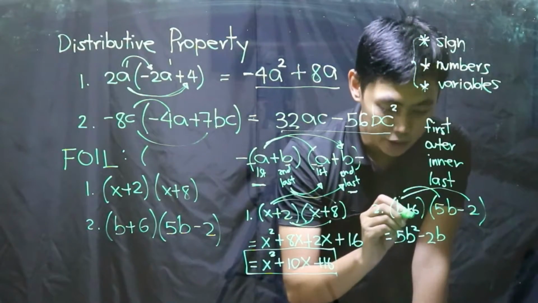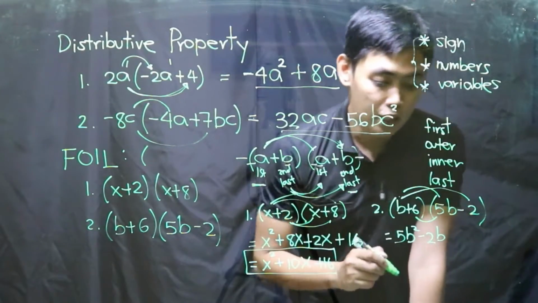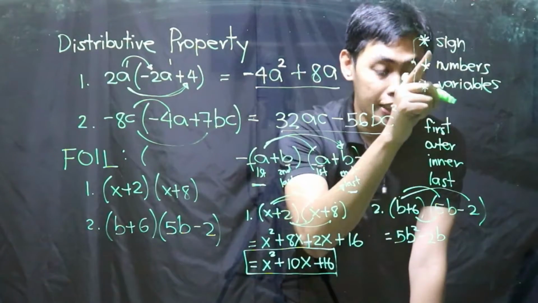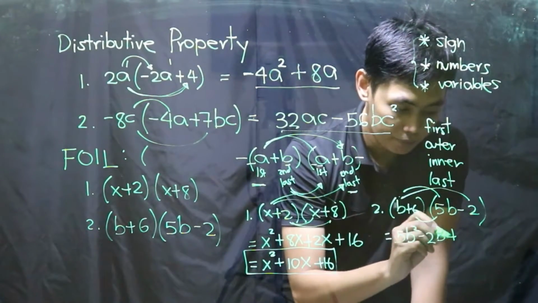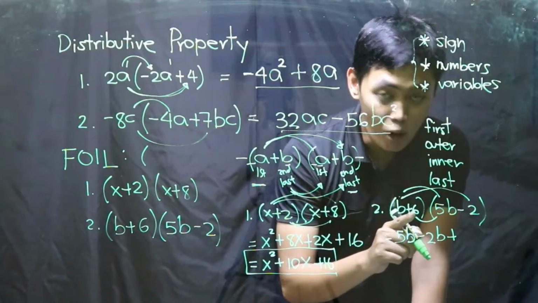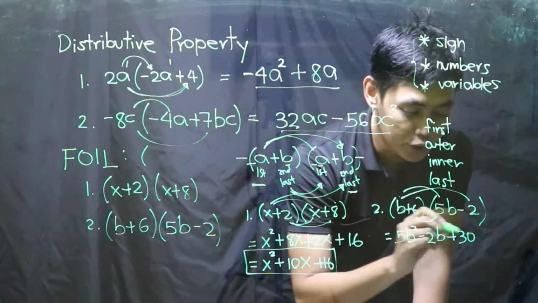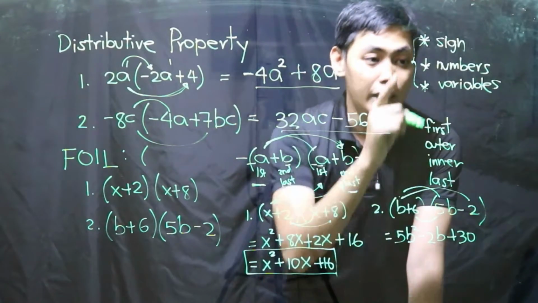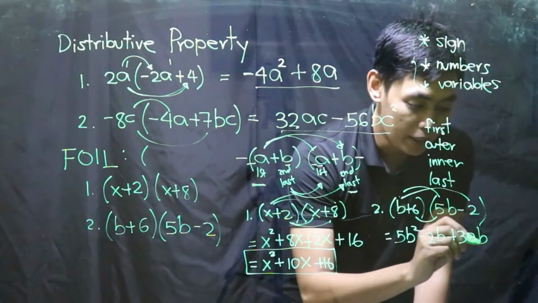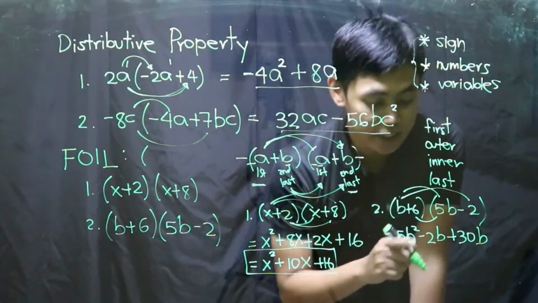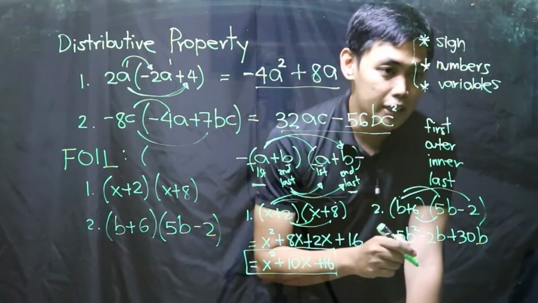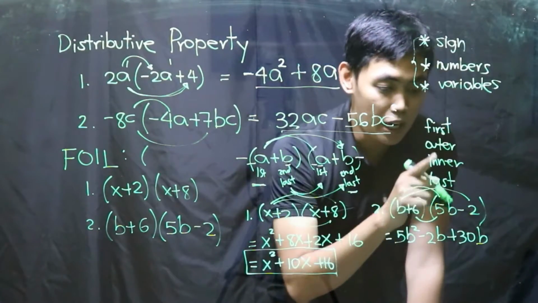Next, inner. So 6 and 5b. Sign, positive. Numbers, 6 and 5. So 6 times 5 is 30. And then variables, b. Okay, walay pare si 6. Lonely.